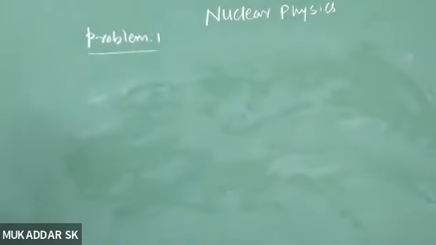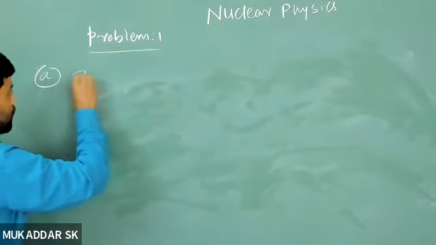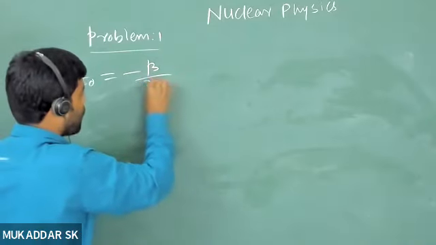Well, so data is given. Now I'll calculate that. In the first part, I'll calculate Z0. That is minus beta by twice gamma.